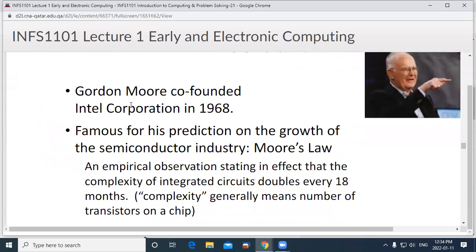All right, so the next couple of points are about the fact that computing has increased in power, not in a straight line way, but in an exponential way. That is, the slope of the curve of increase is more than 1. Now this was talked about by this guy Moore, who worked for Intel Corporation, and he had an empirical observation.